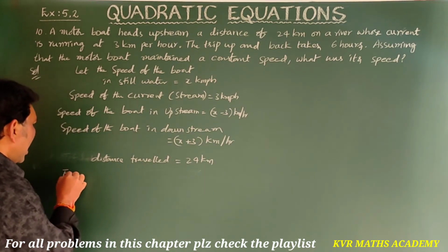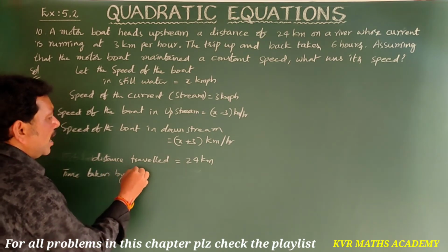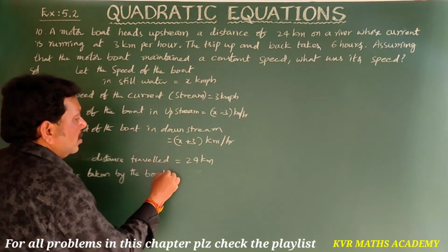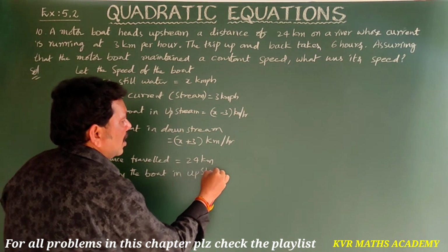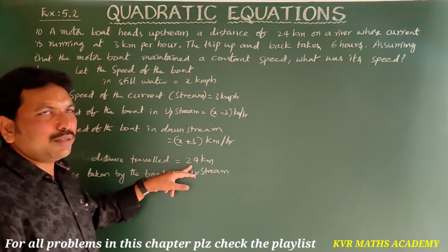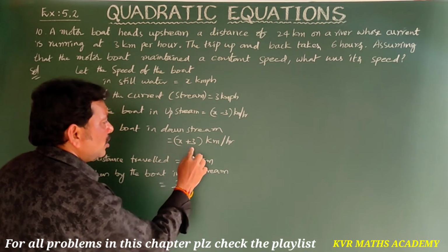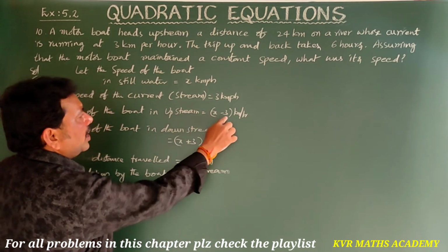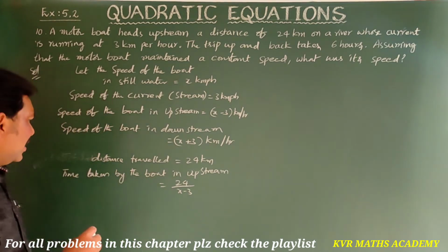Next, the time taken by the boat in upstream. Time is distance by speed. So 24 by the upstream speed, x minus 3. That is 24 by x minus 3.